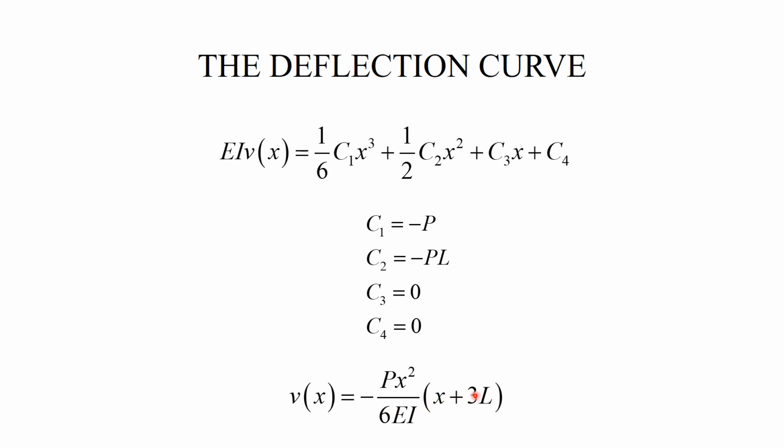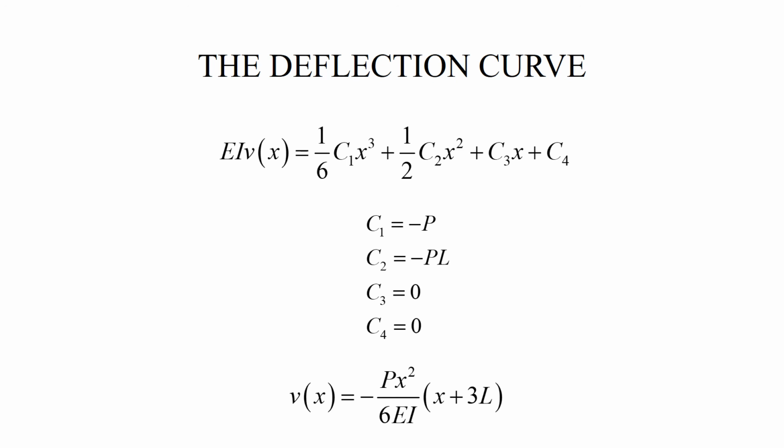It's probably very easy to see that v is negative. It means that the deflection will be upward. And this upward deflection is because of the couple 2PL. The force P would like the beam to displace downward.